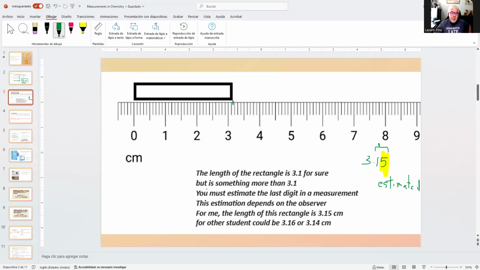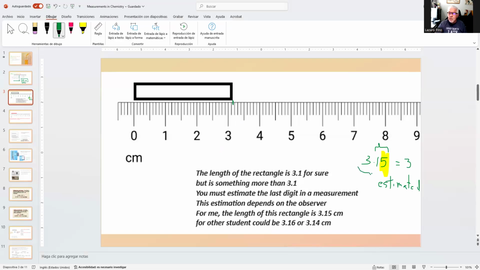Then this number has 3 significant figures. Every time I ask you to measure something using a scale, that can be a ruler, but can also be the scale of a thermometer or whatever, you have to give 2 decimals in your answer.